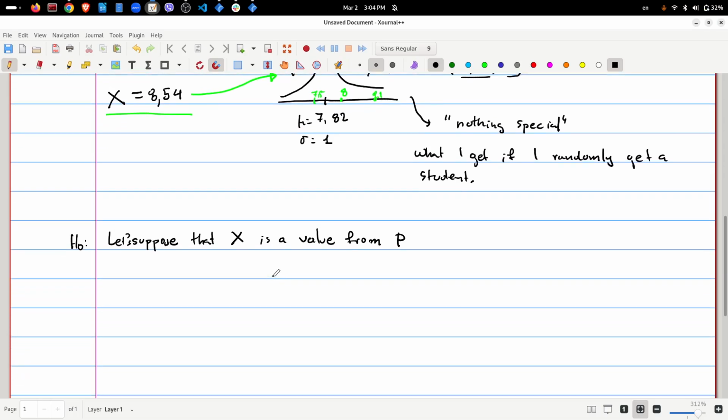Now this could be as follows. This is the mu here, 7.82, sigma equals 1, and my value now is somewhere here. This is the 8.54.